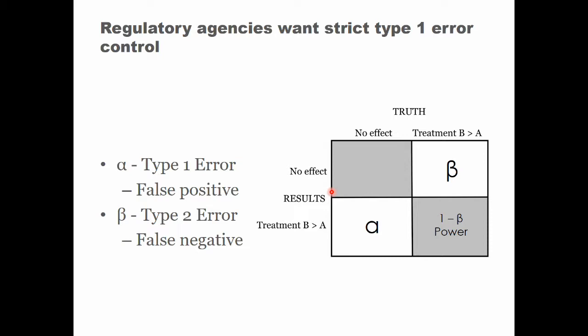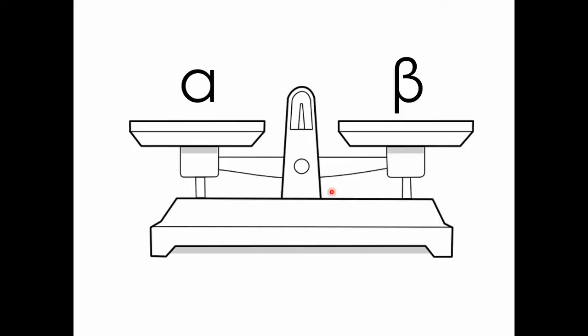Now, they want the type 1 error rate controlled, that's alpha. But I said in the power lecture that all else being equal in a trial, once the trial's design is in place, the sample size is in place, the outcome and whatnot, I can do things to decrease the type 1 error probability, but that will necessarily result in an increase in the false negative probability.